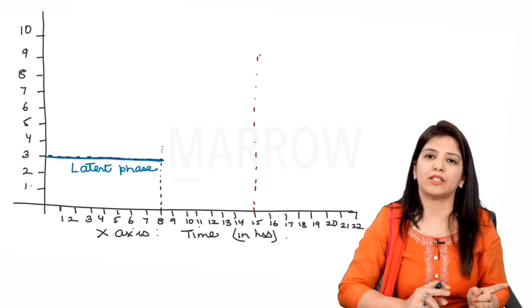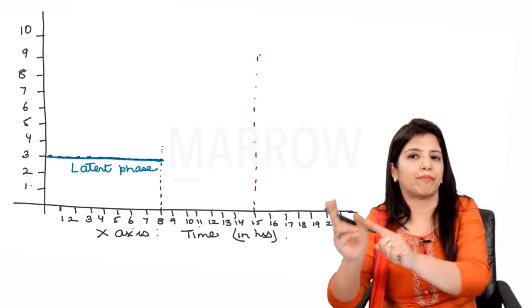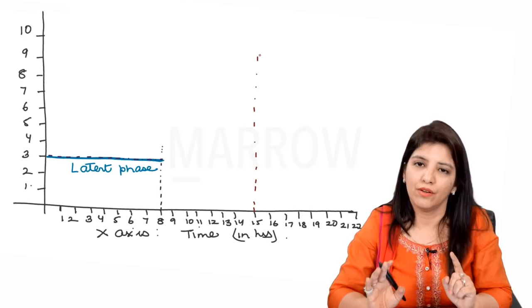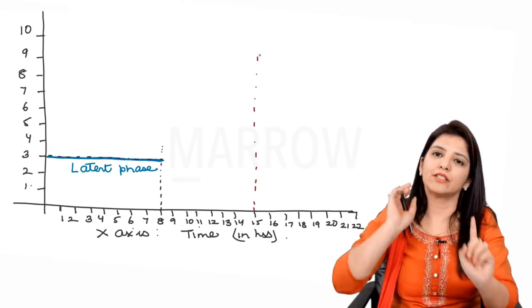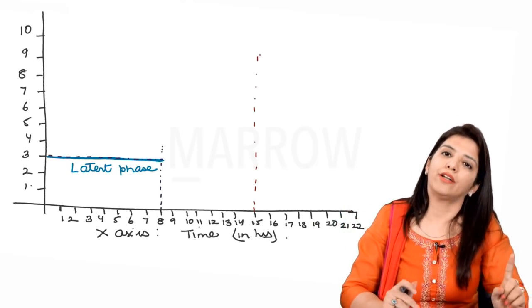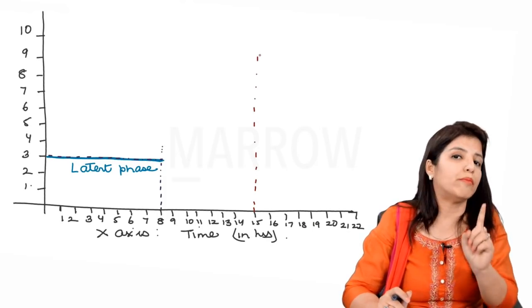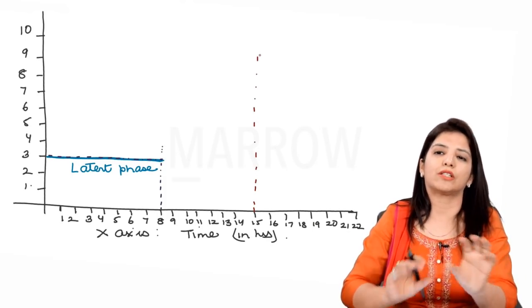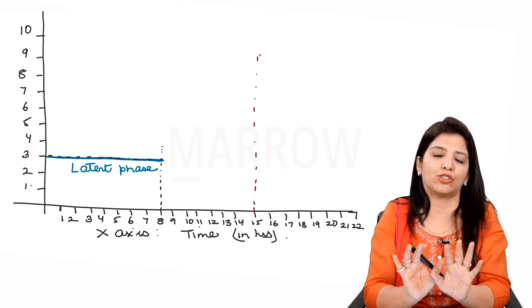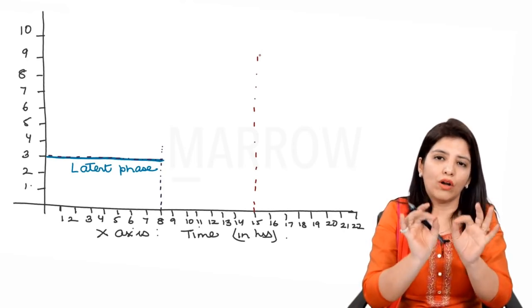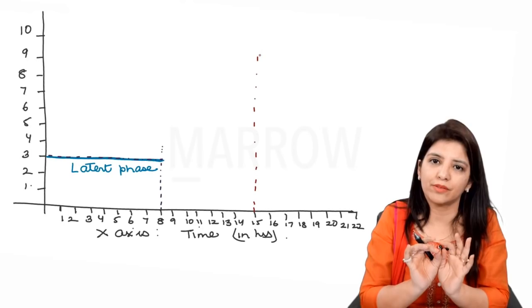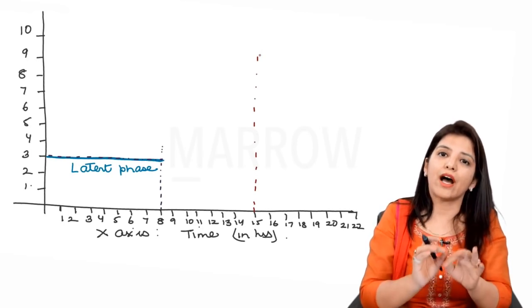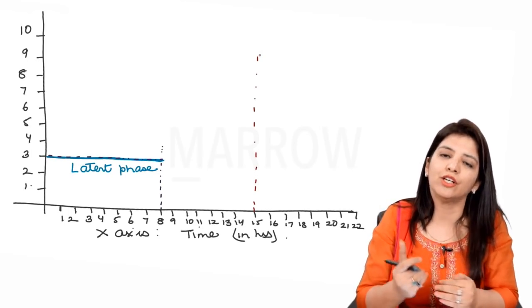From 3 centimeters, the patient has to dilate up till 10 centimeters, right? That means 7 centimeters of dilatation, and WHO is saying that minimum it has to be 1 centimeter per hour. That means this patient can take maximum 7 hours to dilate. Now already we are standing at 8 hours, right? So 8 hours plus 7 hours makes it 15 hours.